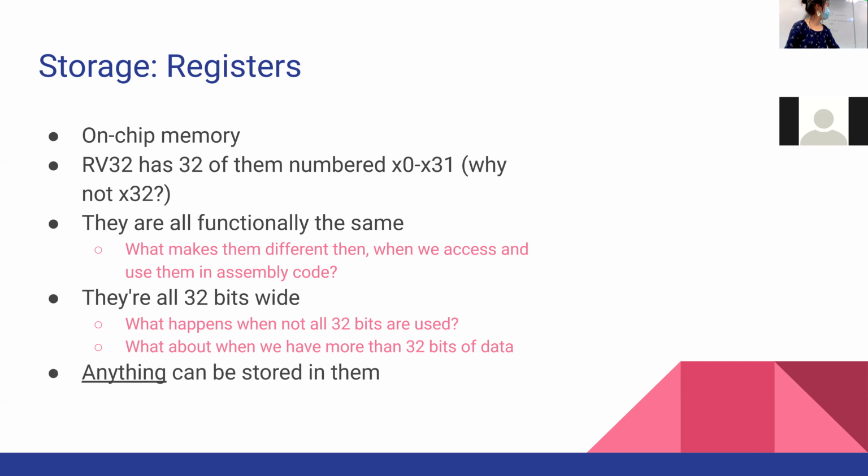And the biggest thing to remember is that anything can be stored in them, including other instructions, and what we consider regular pieces of data, ints, characters, etc. What's also important is that memory addresses can be stored in them.